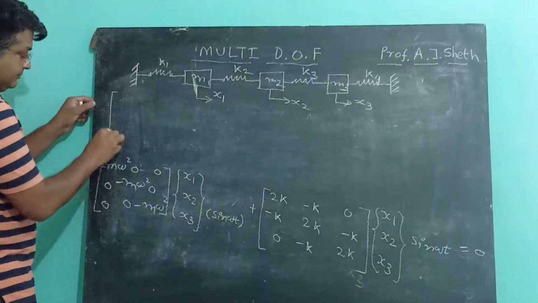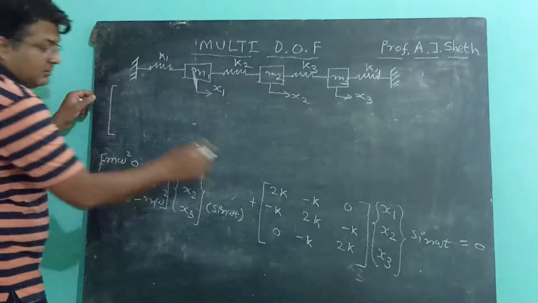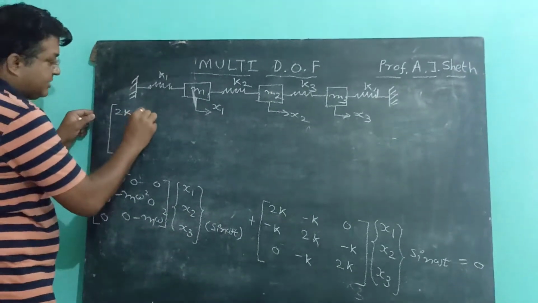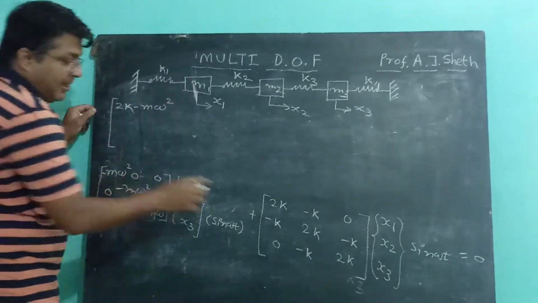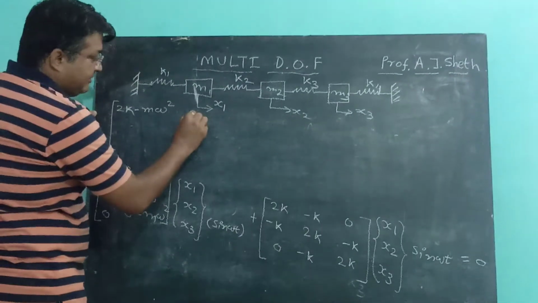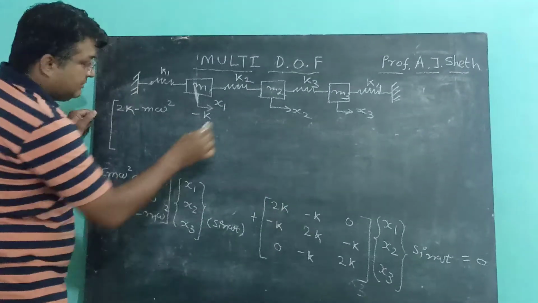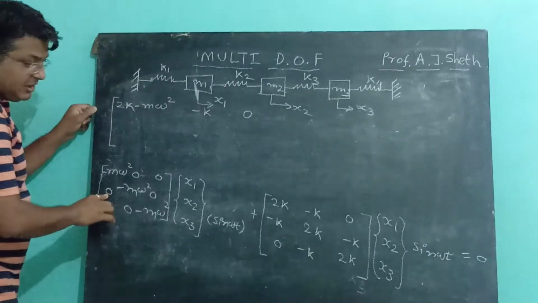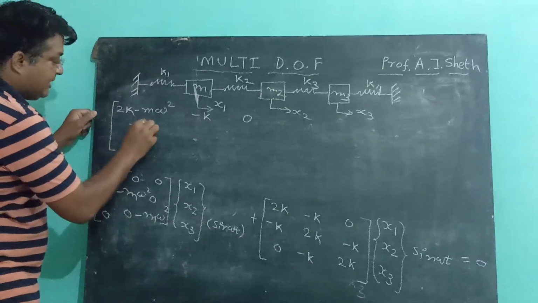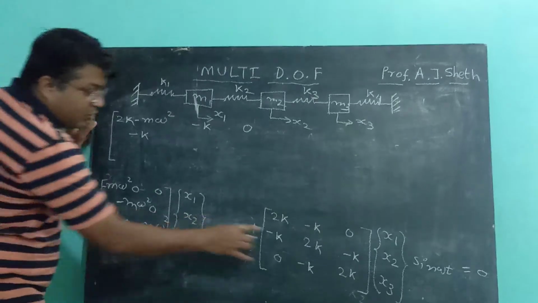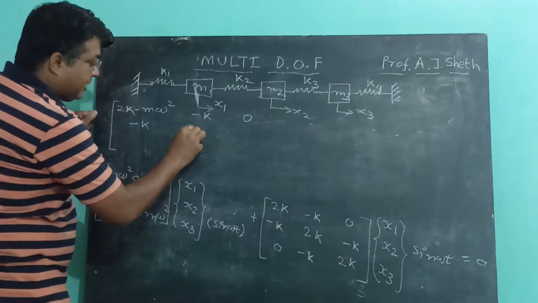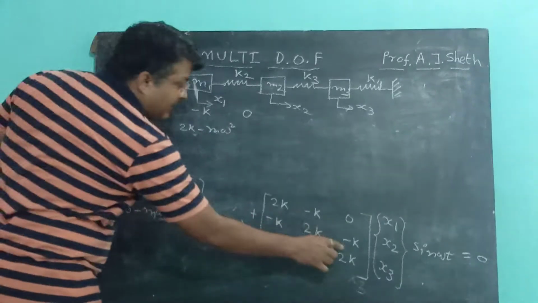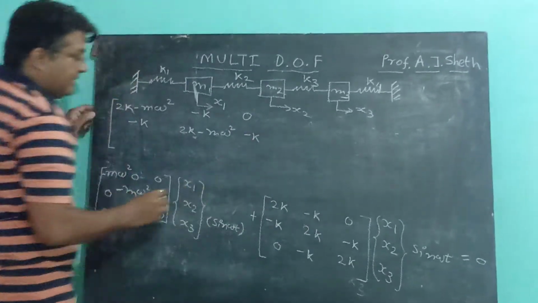2k minus m omega square, then minus k, after that we have value 0. Here it is 0 minus k, so it is minus k, then 2k minus m omega square, 0 minus k, so it is minus k.